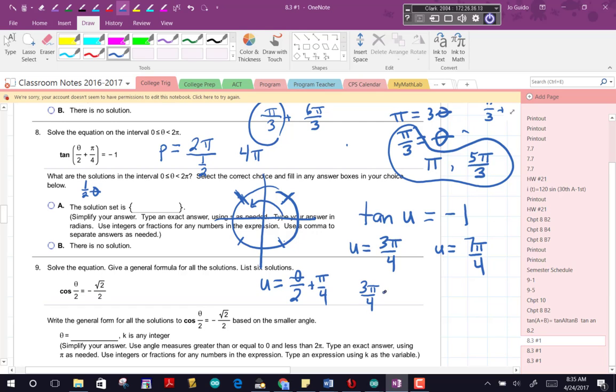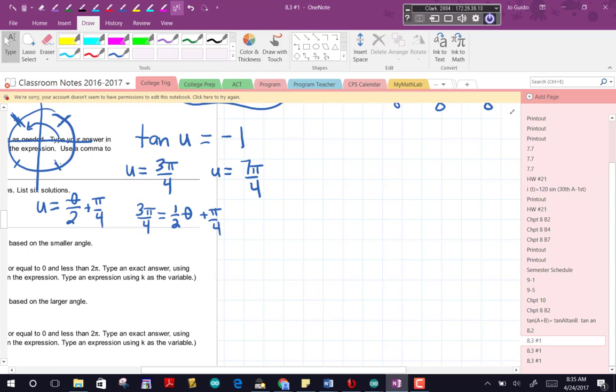So if 3 pi over 4 equals 1/2 theta plus pi over 4, and 7 pi over 4 equals 1/2 theta plus pi over 4.